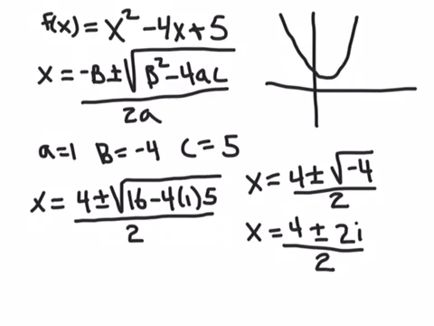It has to be able to be divided into both of them in order to simplify it. So our final answer, I think it's our final answer, looks something like this. We've got x equals 2 plus or minus i. There it is.